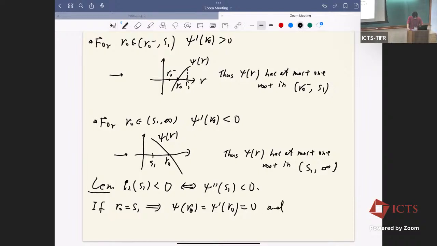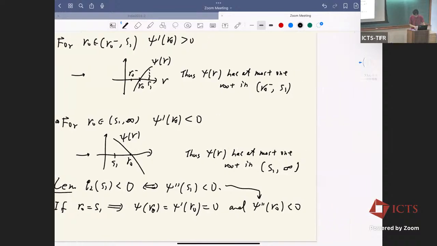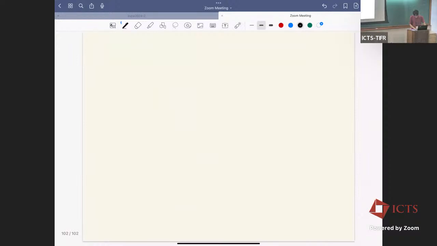And by the lemma, psi double prime R naught is negative. So in this case, psi should be this.